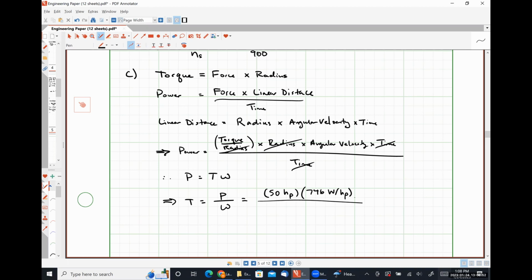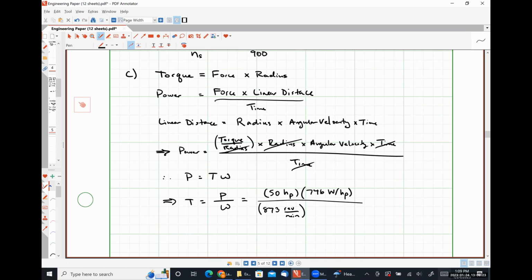Now, how do we figure out the angular velocity of my shaft or rotor? We know that our rotor is spinning at 873 revolutions per minute. Angular velocity is measured in what? Radians per second.